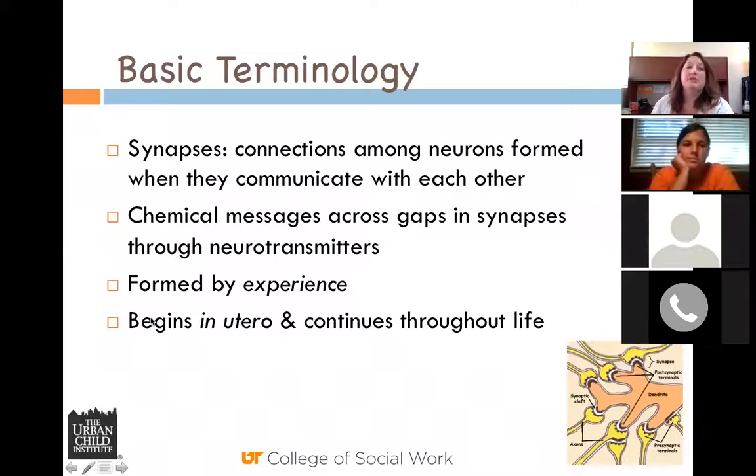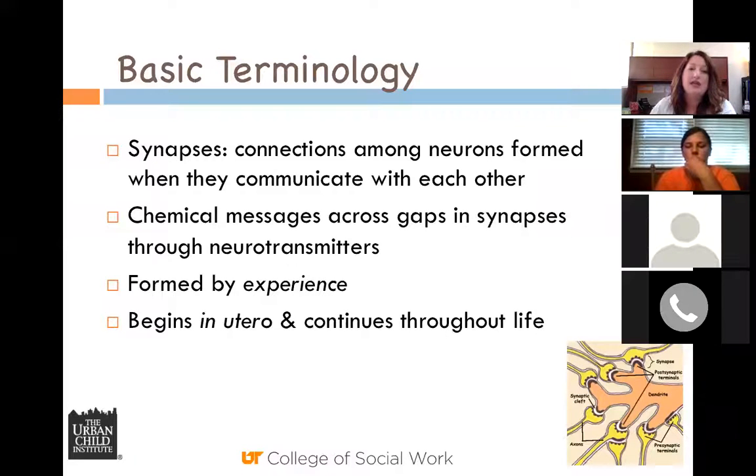I mentioned in the first class that all of development is experience dependent. So this whole nature-nurture debate is pretty much over by now, as we know more about brain science and understand that it's both. It's always been both.